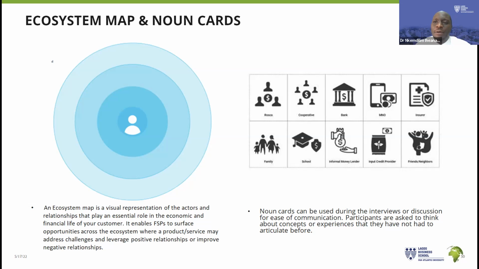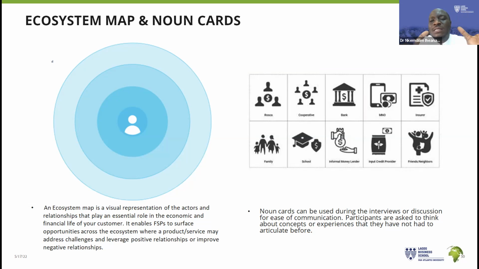So, if you look at the noun cards, you have things like family, school, informal money lender, credit provider, friends and neighbors, insurer, MNO, bank, cooperative, ROSCA. So what you typically do is, as you engage and interact with the customer during the interview, you place each of these noun cards as close to the customer as possible, depending on the customer's preference or feedback you get from the customer as to how close each of these players are.